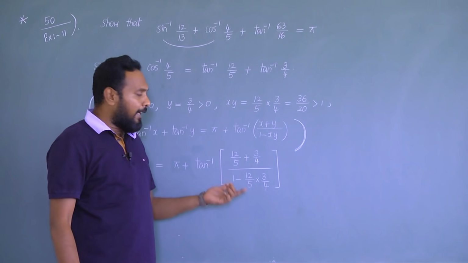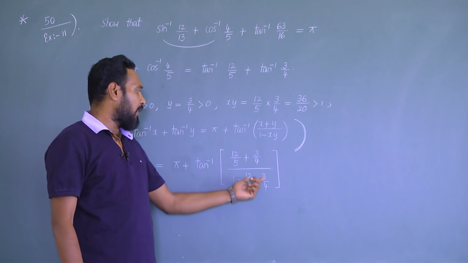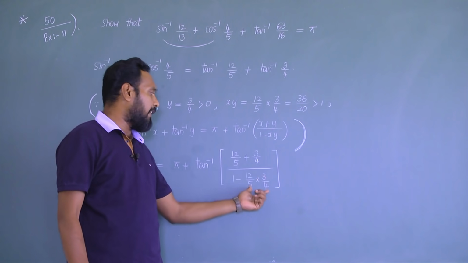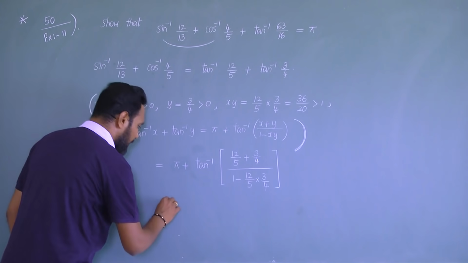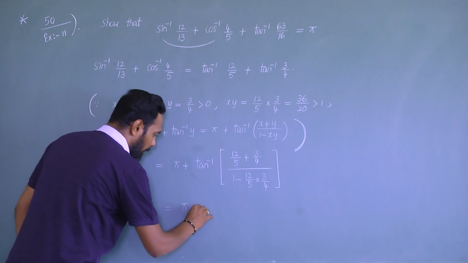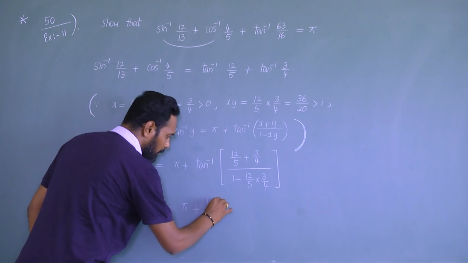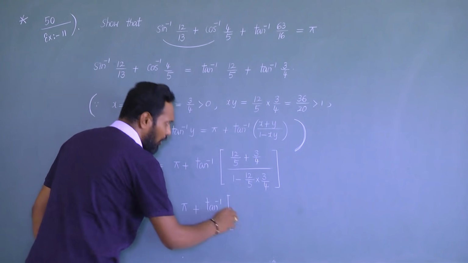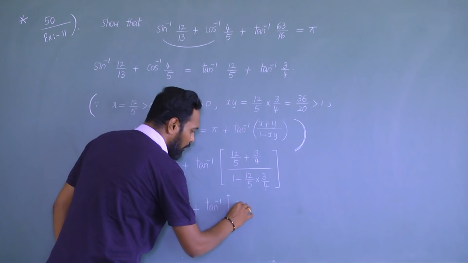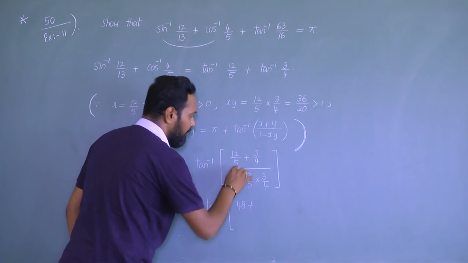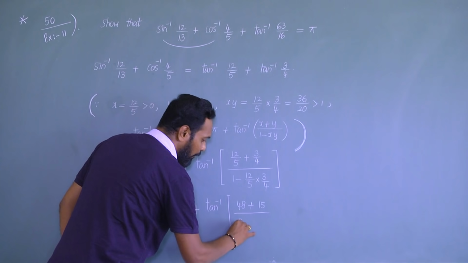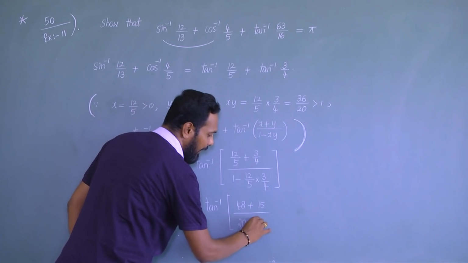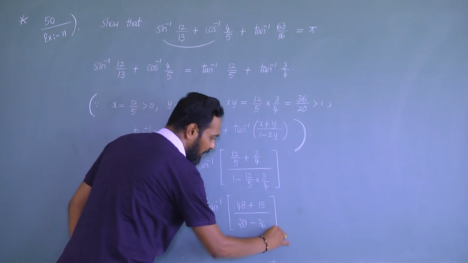I take the LCM of 5 and 4 as 20 in both numerator and denominator and I can cancel directly. Then it is pi plus tan inverse of 12 4s are 48 plus 5 3s are 15, divided by 5 4s are 20 minus 12 3s are 36.